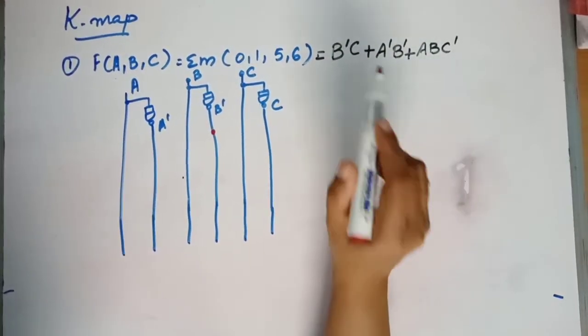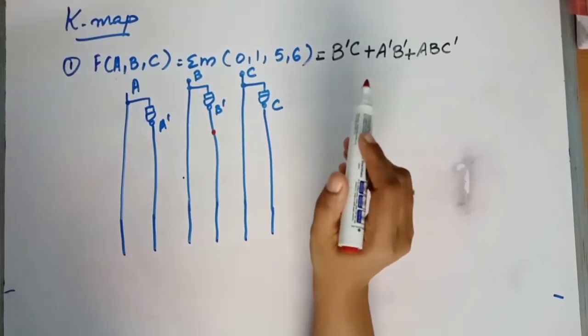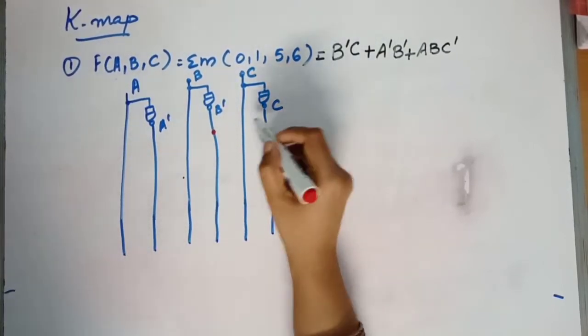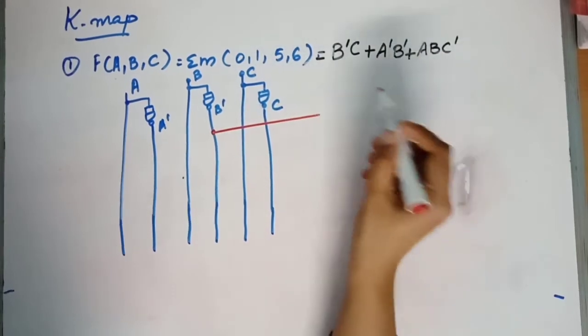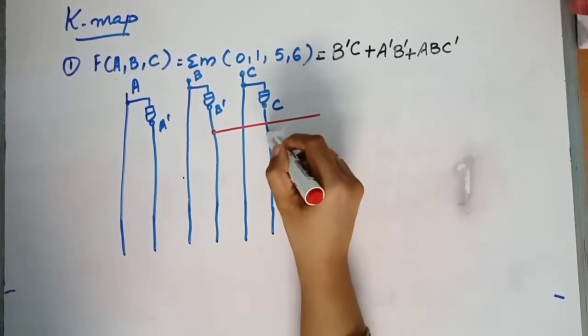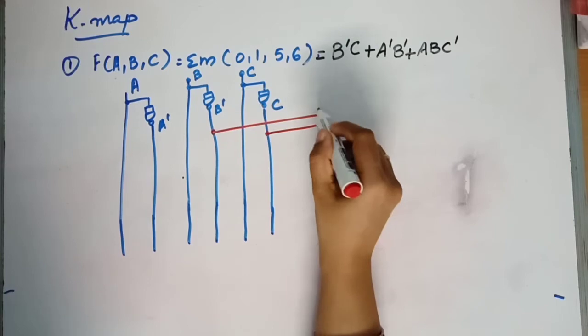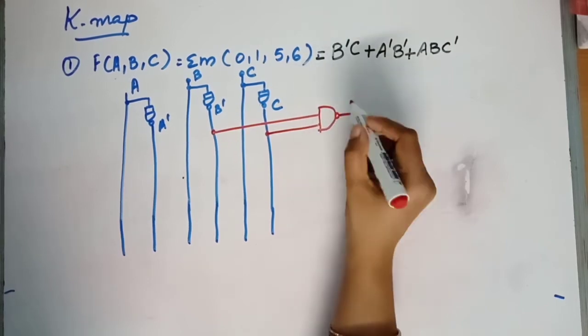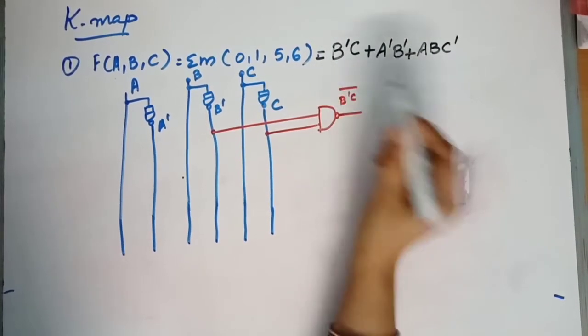SOP using NAND. SOP using NAND means you will connect these two NAND, B bar C. This is B bar C the whole bar.